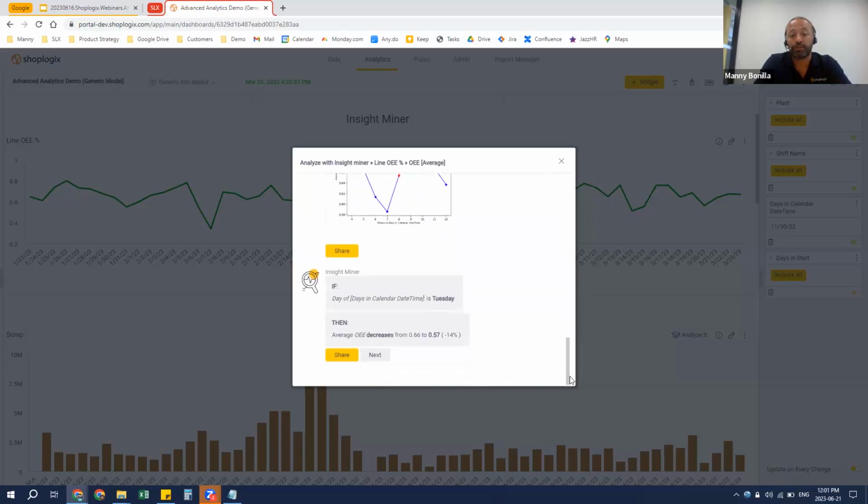this one's also very interesting. If we look at the day of the week across the entire time period, it appears that Tuesday is one of the worst days of the week. And so that also could be a very interesting insight. Maybe or maybe not surprising. On Mondays, people usually come in with a lot of energy, there's a lot of focus.